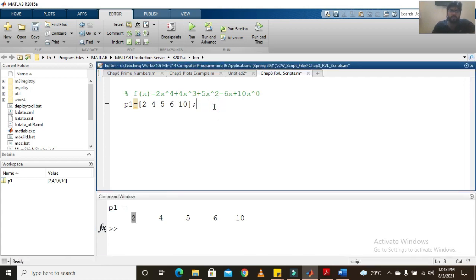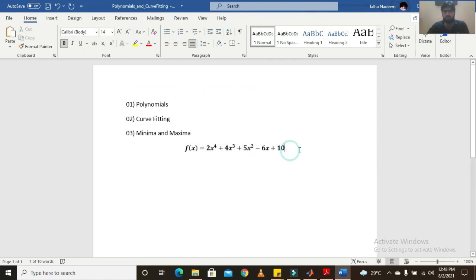Now, for example, let's say I have another polynomial: 4x to the power 4 minus 8x plus 7.